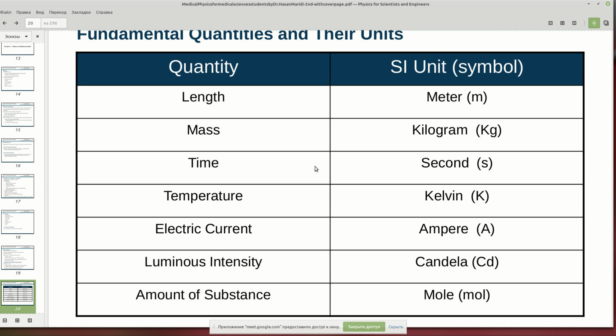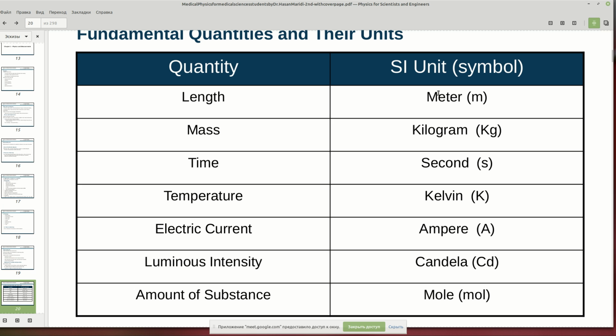Yeah, we have quantity, something like length, mass, time. Here is temperature, electric current, luminous intensity, and amount of substance. Yes, and we have the symbol in SI units.